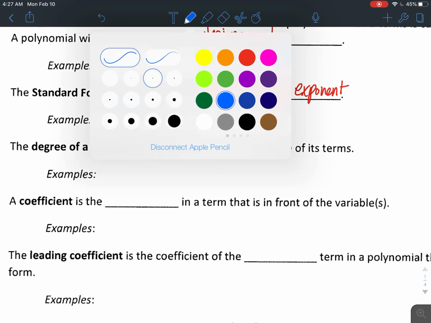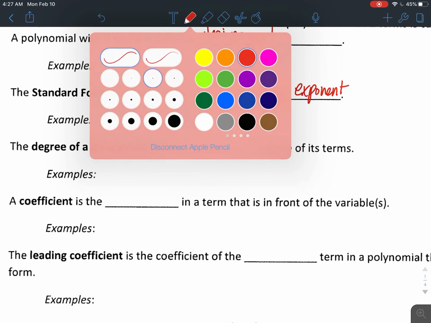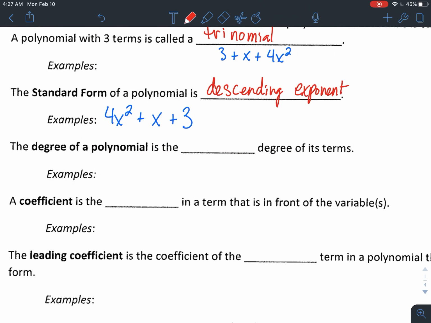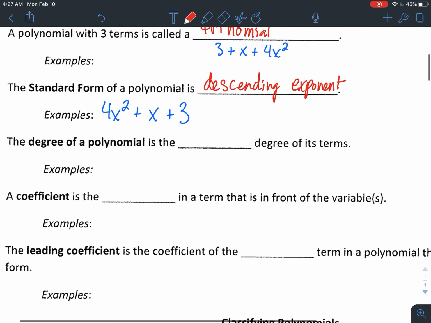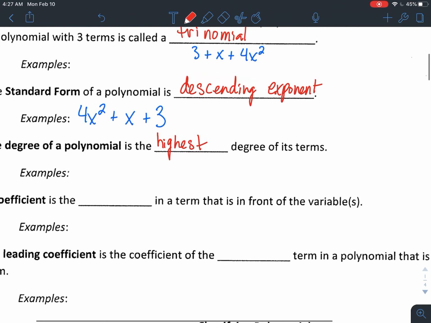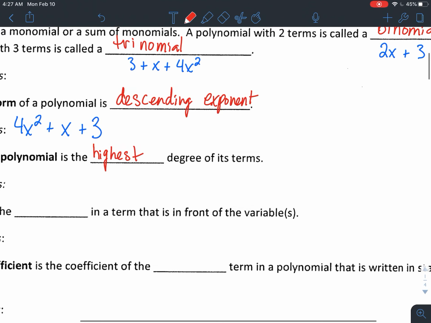The degree of a polynomial, so that's a little bit different than necessarily the degree of individual terms. So a degree of the polynomial is just the highest degree of its terms. That is, put a little asterisk here, if there is one variable, it's just the highest degree.